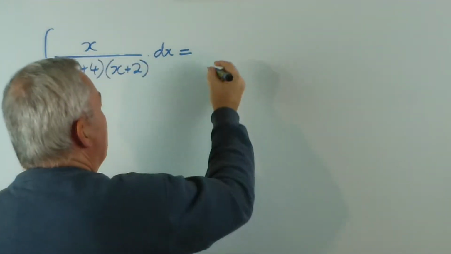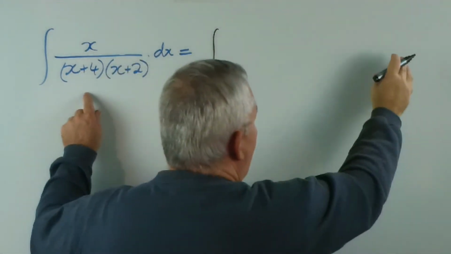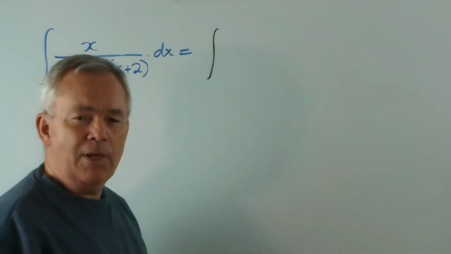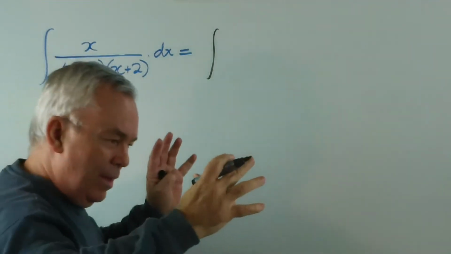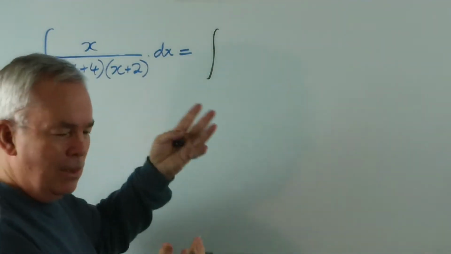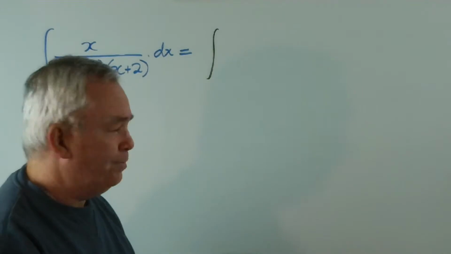Now, normally when we work on partial fractions, we would write on the side of the page A over x plus 4 plus B over x plus 2, unite those two fractions into one and get simultaneous equations in A and B so that we get x as the numerator.